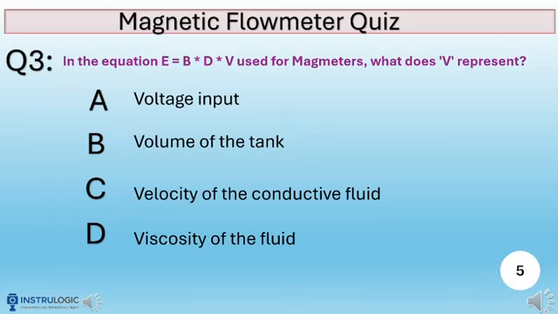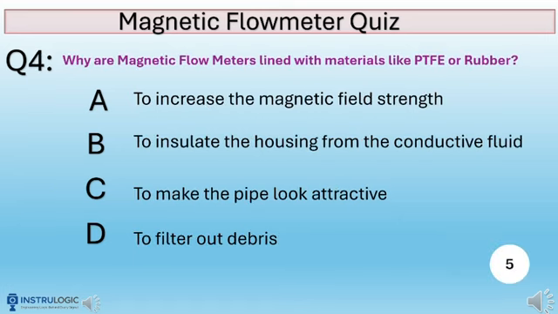Question 3. In the equation E equals B times D times V used for magmeters, what does V represent? Question 4.